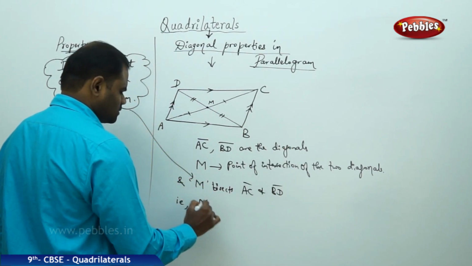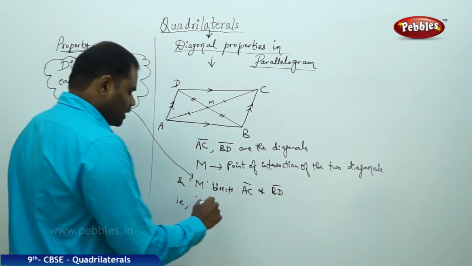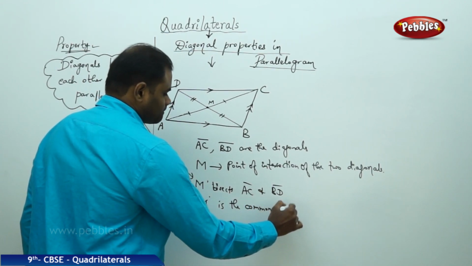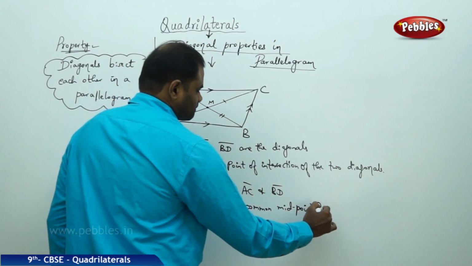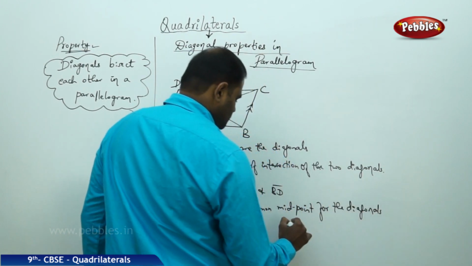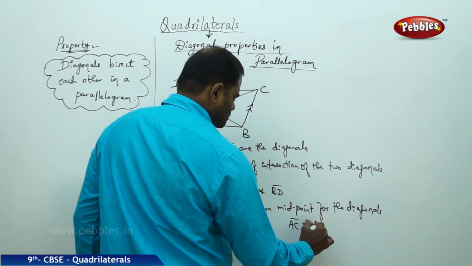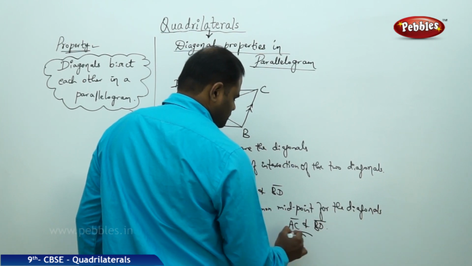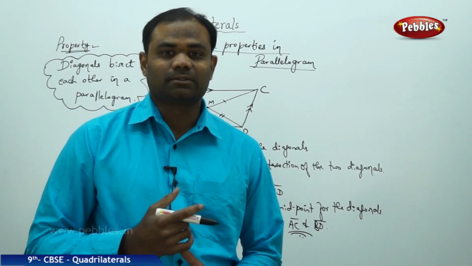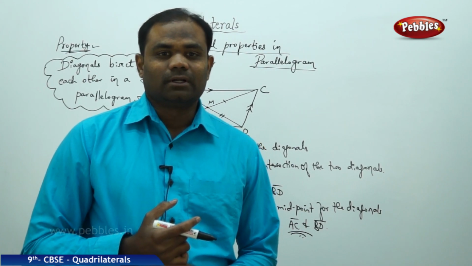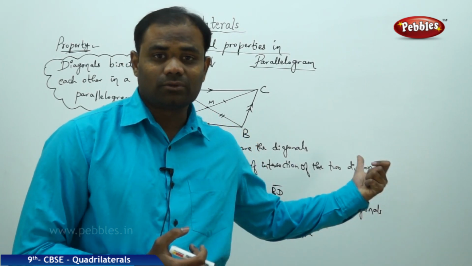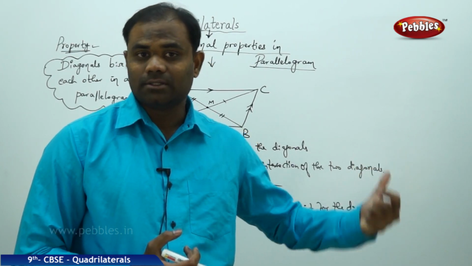That is, in simpler understanding, M is the common midpoint for the diagonals AC and BD. That is how we understand the diagonals bisecting each other. Diagonal property: diagonals in a parallelogram bisect each other, as we understand through the parallelogram ABCD.